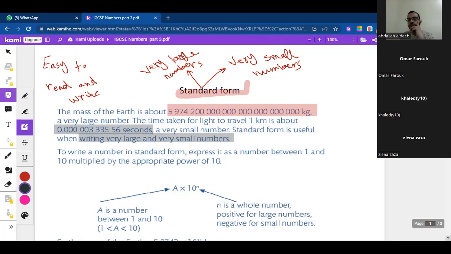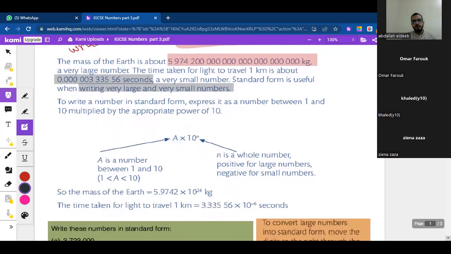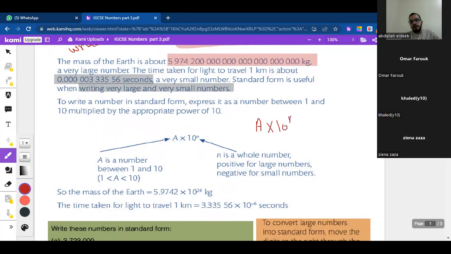And the question now, how to express numbers in standard form. Do we have a formula or no? Well, we have a formula, and the formula is A times 10 power n.